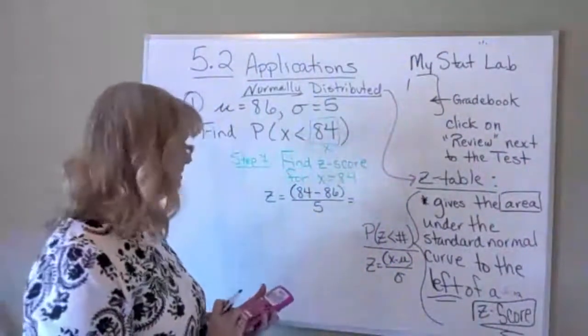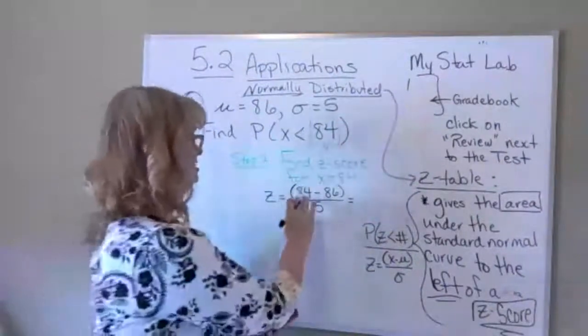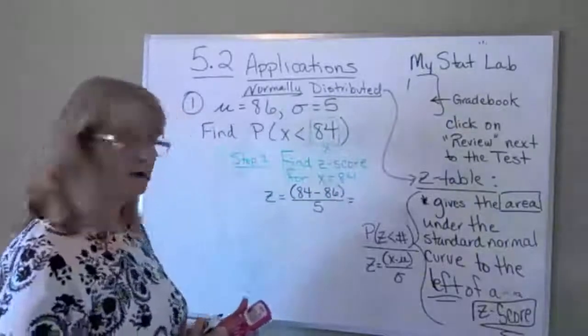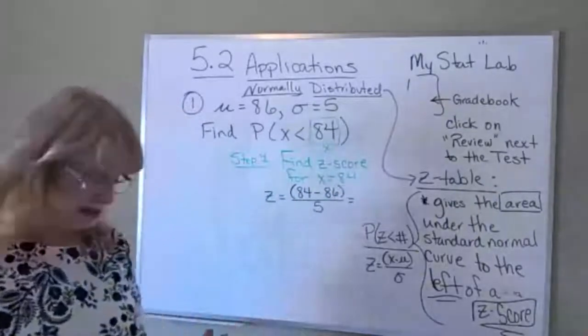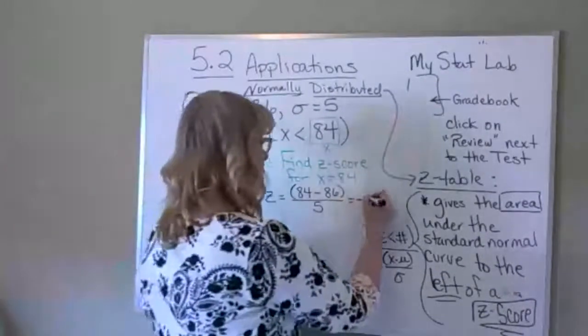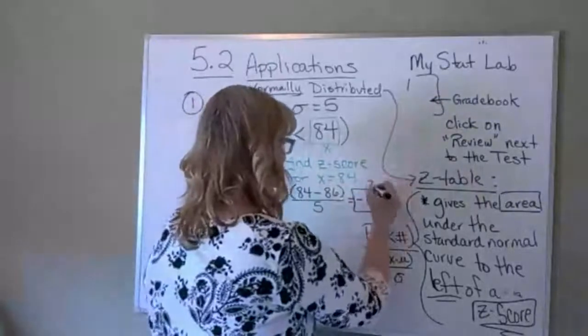So I'm using the parentheses. This one's going to come out negative because notice the number is less than the mean. 84 minus 86. You guys do this with me and make sure you get the same Z-score I get. Divided by 5 is negative 0.4. That's the Z-score.